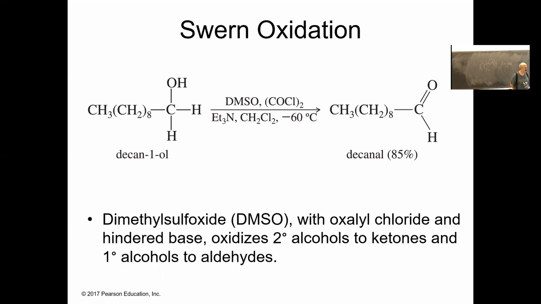Okay, here's another oxidation method. This is called the Swern, and it's a fairly complex mechanism. We can oxidize primary or secondary alcohols. And in the case of primary alcohols, we can stop at the aldehyde. This uses dimethyl sulfoxide and oxalyl chloride. I'm going to write the formula here for oxalyl chloride.